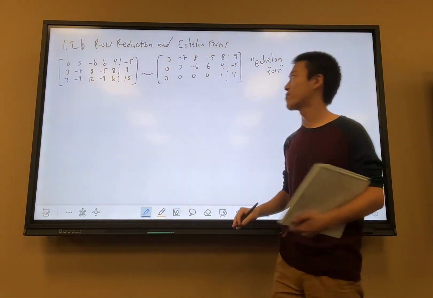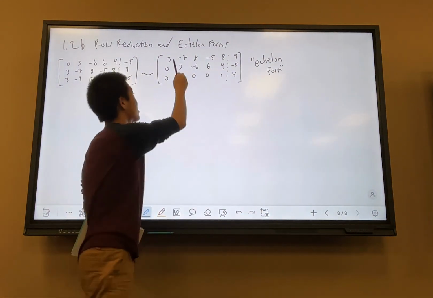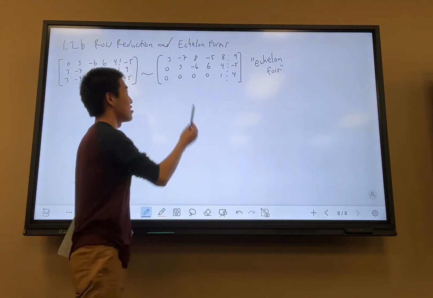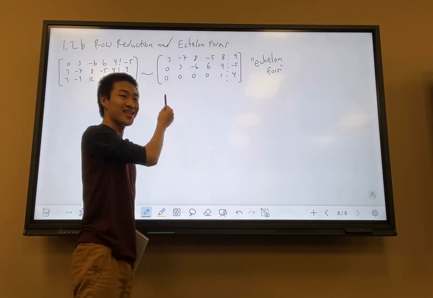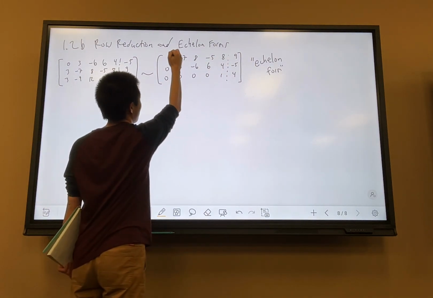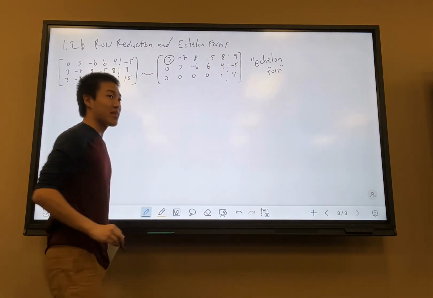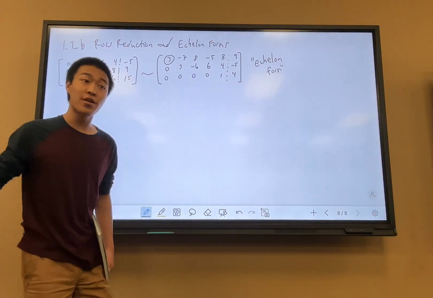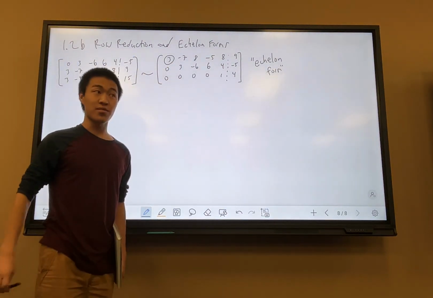So if I'm looking at this top row, for example, I'm going to search for the leftmost non-zero entry. In this case, I can go all the way over here and identify that that is the leftmost non-zero entry. Ergo, it is a leading term.